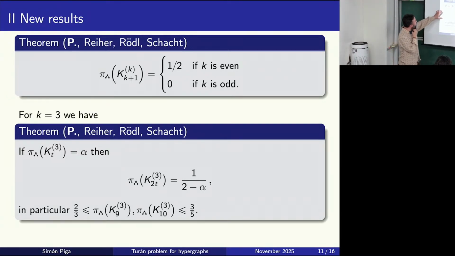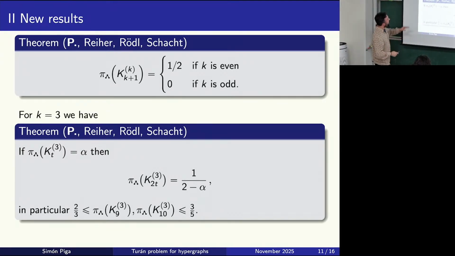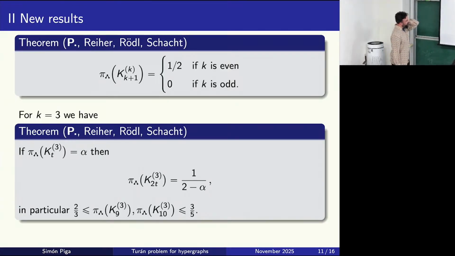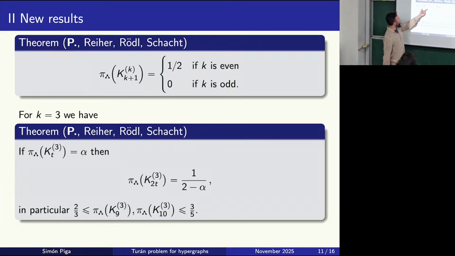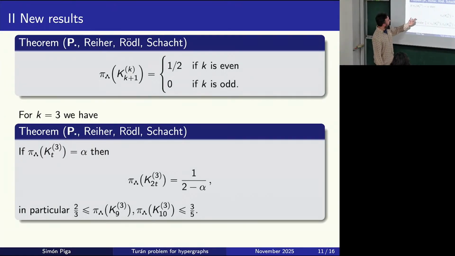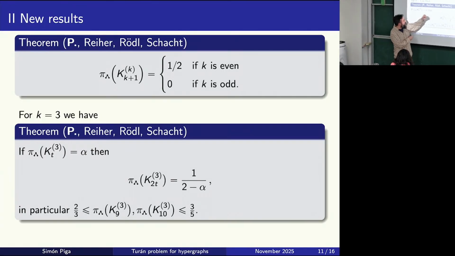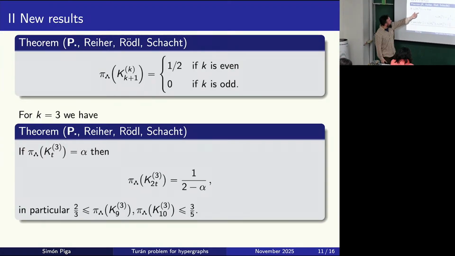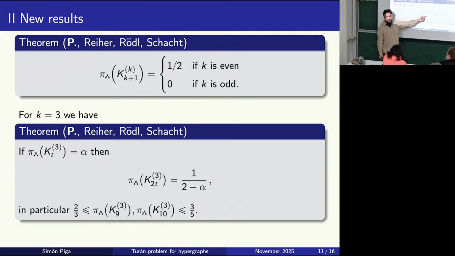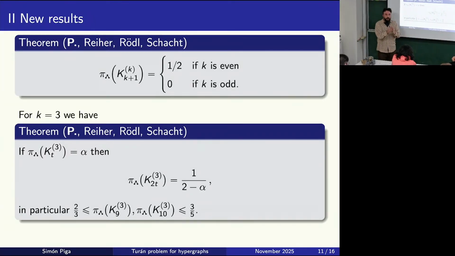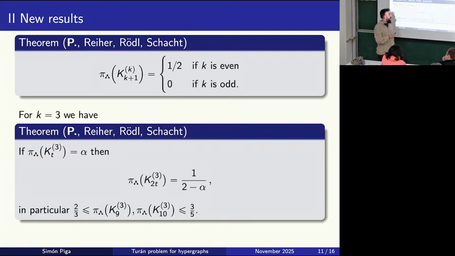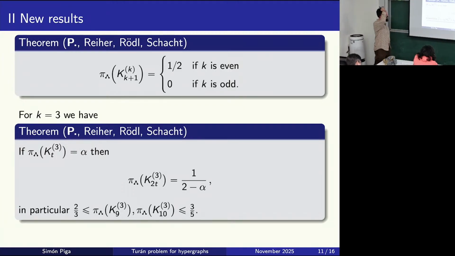The second thing is we now have, again for 3 uniform, a general formula. This is a generalization of what was obtained before by Raisin, Rödl, and Schacht. So for every density that you give me, I can calculate the density of the clique of double the size, and this will be given by 1 minus 2 over alpha.